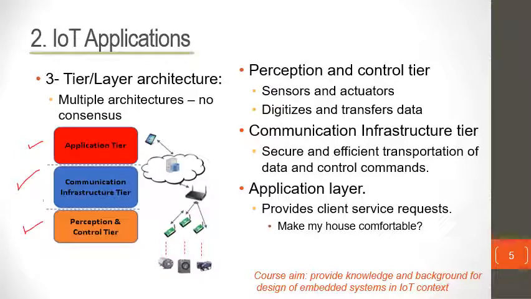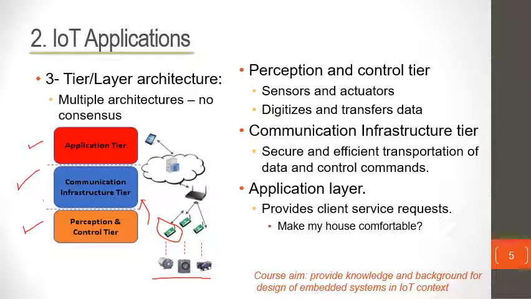The perception and control tier is made up of sensors and actuators, which are housed in these embedded systems, and they are used to digitize and transfer data to the communication layer. The communication infrastructure layer provides secure and efficient transportation of data and control commands in order to facilitate the control of the things at the bottom.